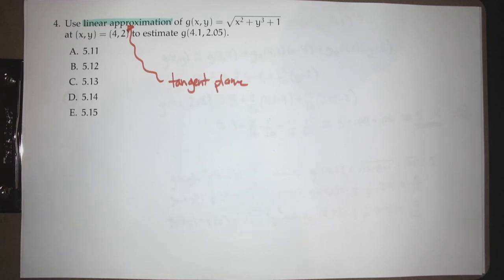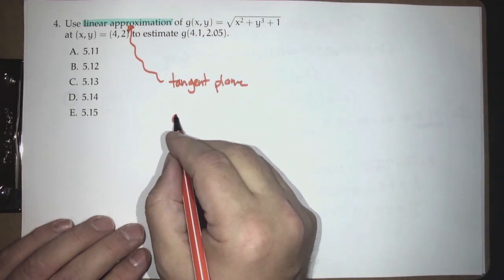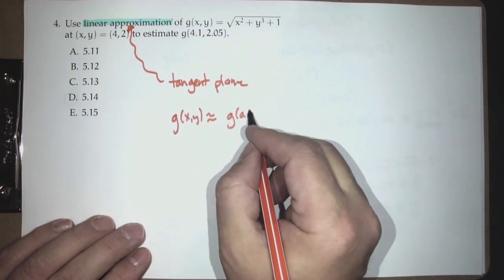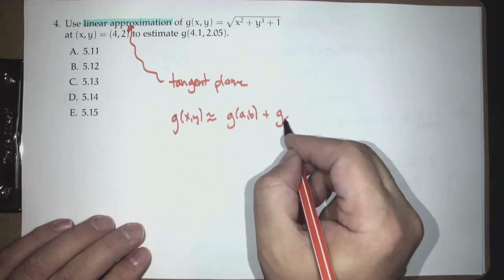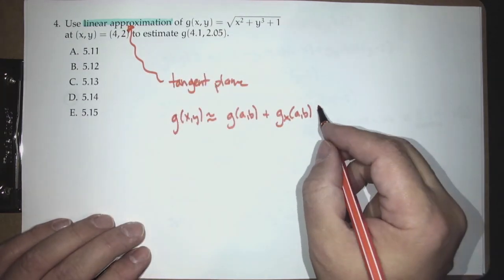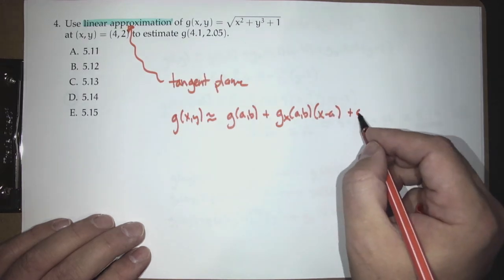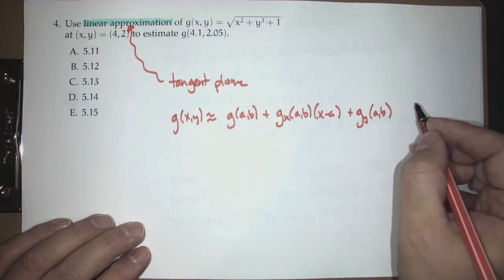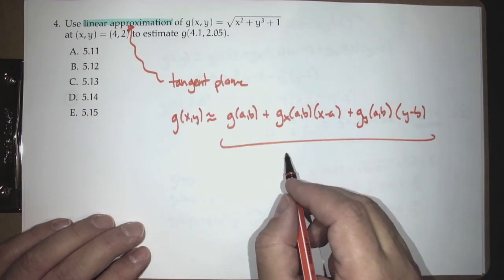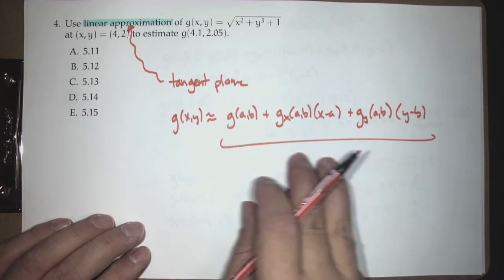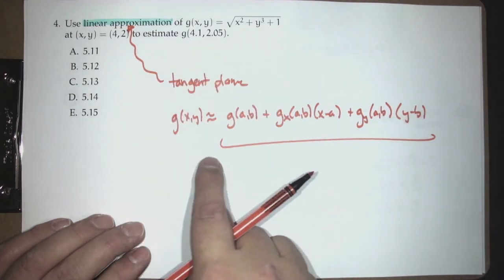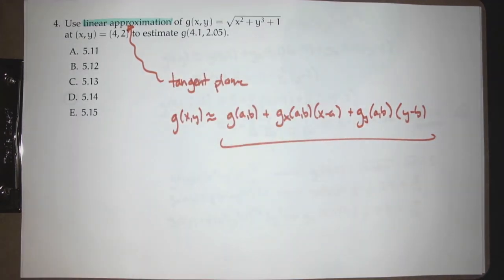And so in general, what's your function? Well, g of (x, y) will be approximately the value of the function plus you take the derivative with respect to your first variable. It doesn't have to be x, it often is, times x minus a, plus the derivative with respect to your second variable, times y minus b. So this is your linear approximation, also your tangent plane. And it's a good approximation nearby, so the idea is plug in your points, and there you go.